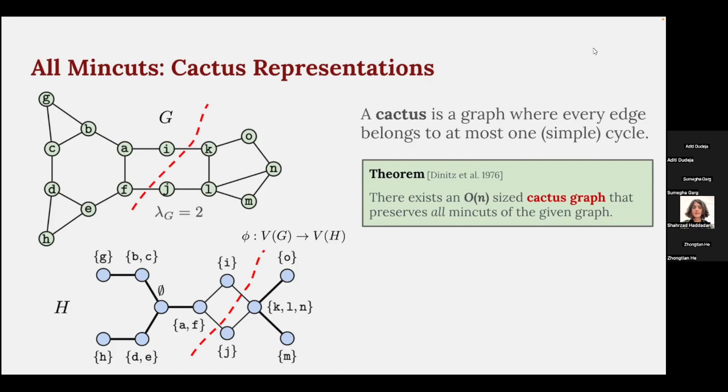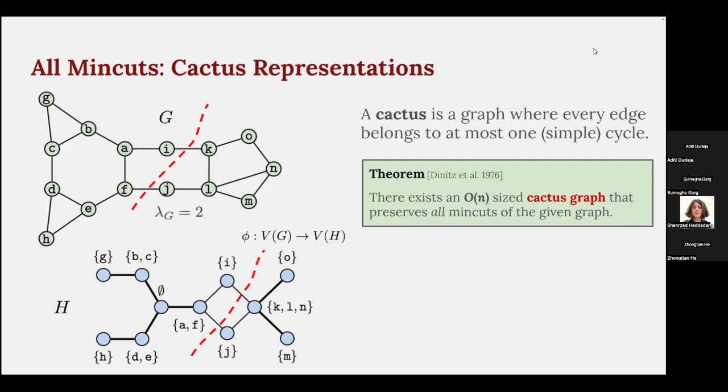So there's a one-to-one correspondence, and also note that this phi might not be surjective or injective. There might be multiple vertices in G mapped to the same node in H, and also there might be an empty node that no vertices in G map to. I should say the bold black edge has weight 2, and this simple edge has weight 1.